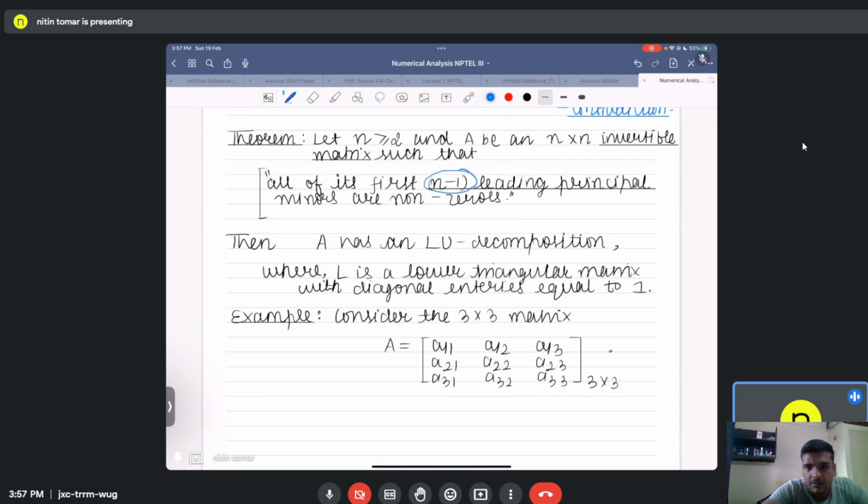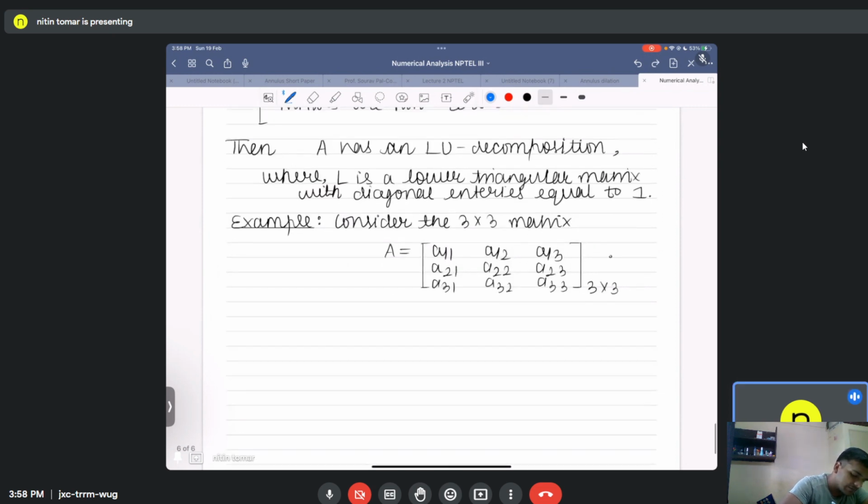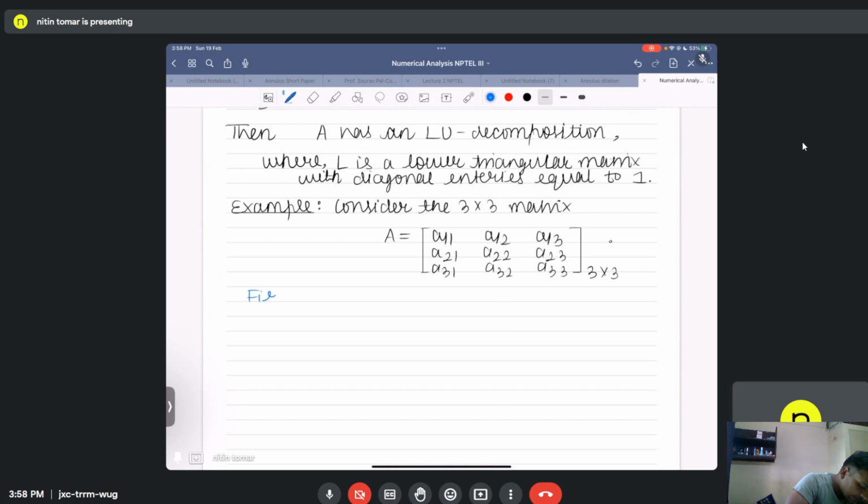So how many principal minors do you have to find? The first principal minor is A11.